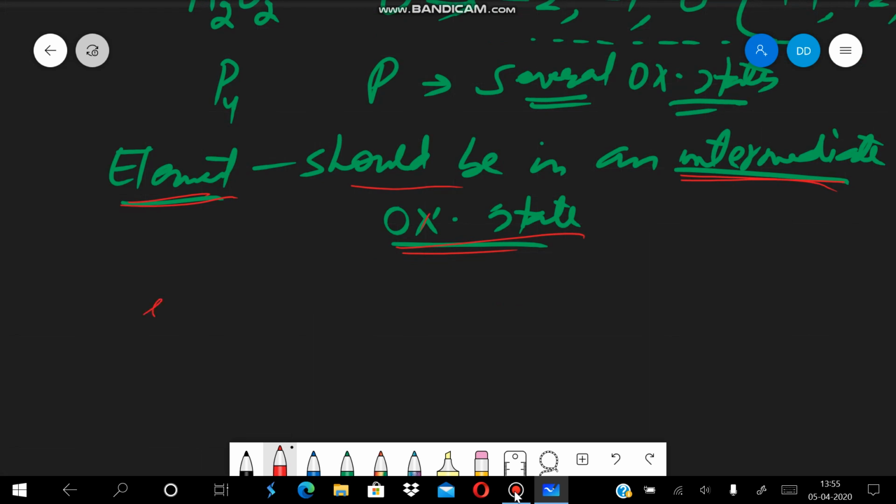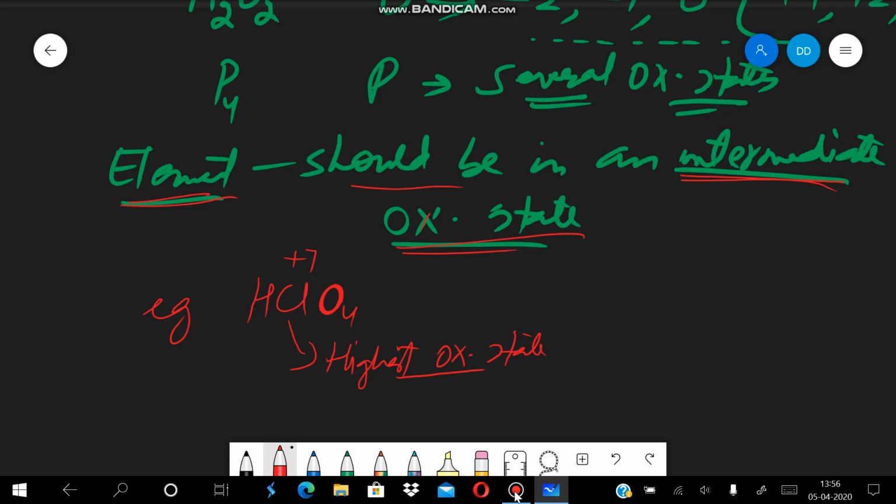For example, I will explain it by taking an example of HClO4. In HClO4, the chlorine atom is present in +7 oxidation state, and +7 is the highest oxidation state of chlorine.